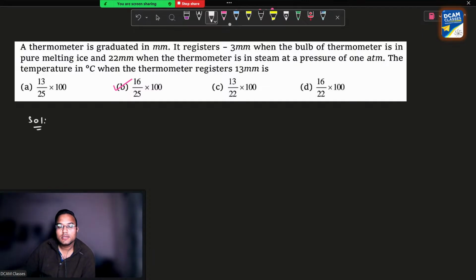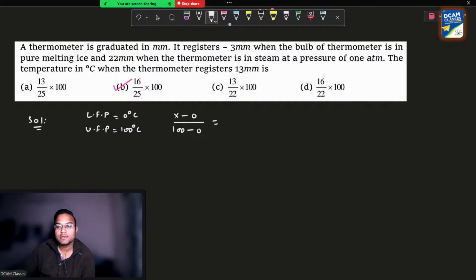See, because the normal scale you have lower fixed point as 0 degrees Celsius and upper fixed point as 100 degrees Celsius. Temperature of this they are asking. Acha, see, now the pressure relation you have to use.